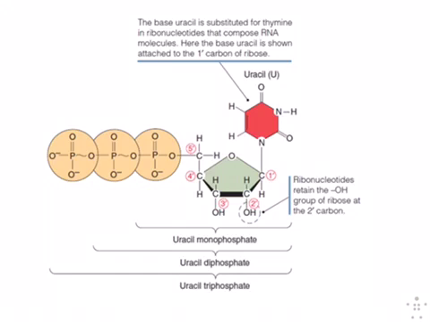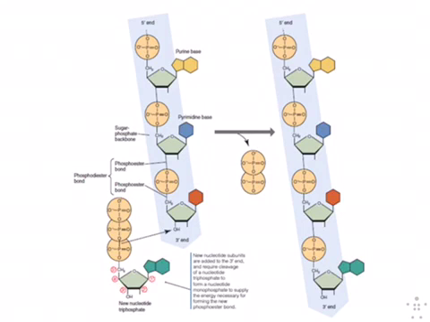And the last image from your book that I would like for you to refer to is actually the growing chain of nucleotides, okay? The addition of a new nucleotide to the growing chain. So I'm going to circle the new incoming nucleotide right here, okay?